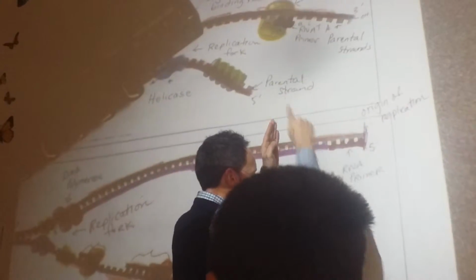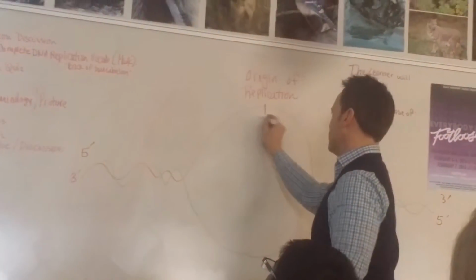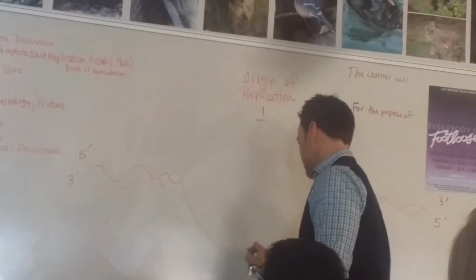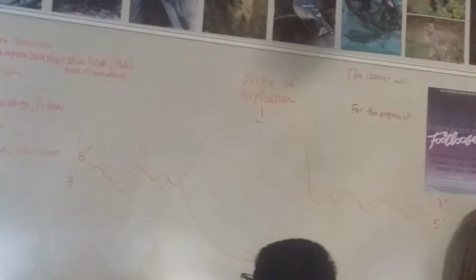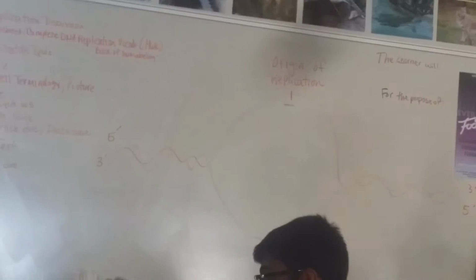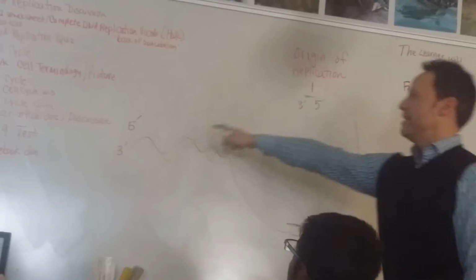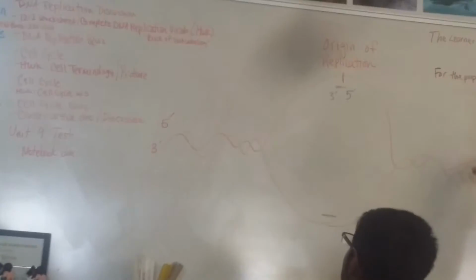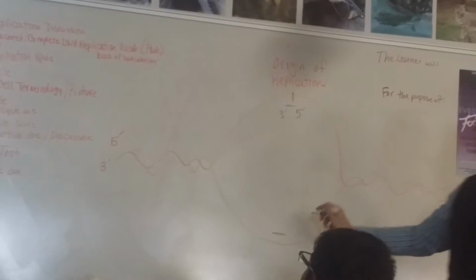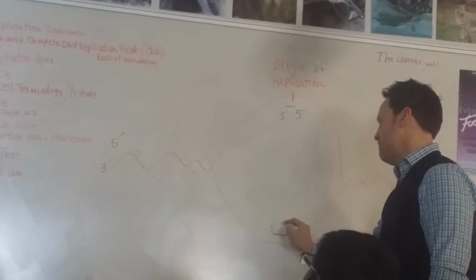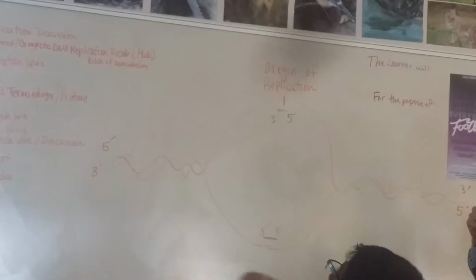So we laid down a primer and a primer. I'm going to come over here to this picture and use this one. I'm going to say this is going 5' to 3' because my original parent strand, if I keep it just like our picture, would be going 5' to 3'.